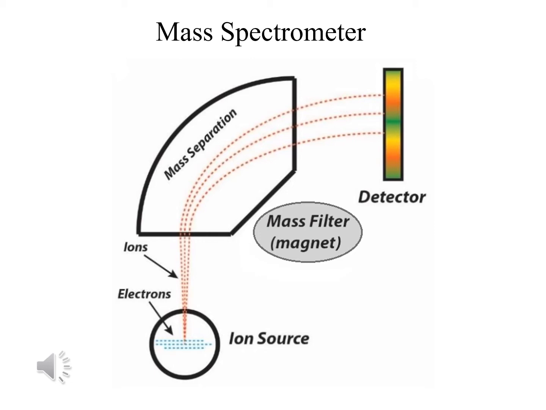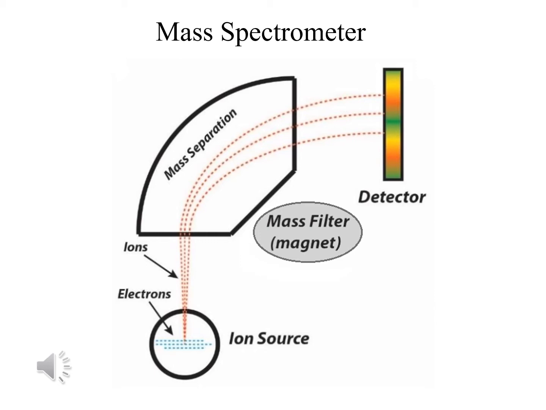So the heavy particles separate from the lighter ones, and they produce peaks on a graph on the detector. You can tell from the peaks how much of each isotope is present by how big the peak is, and you can also tell the exact weight of each one because you can calibrate the detector by weight.